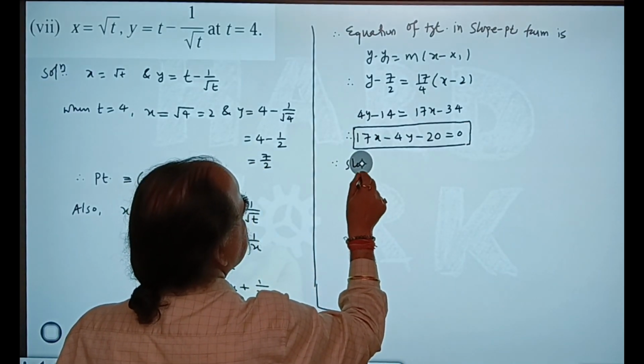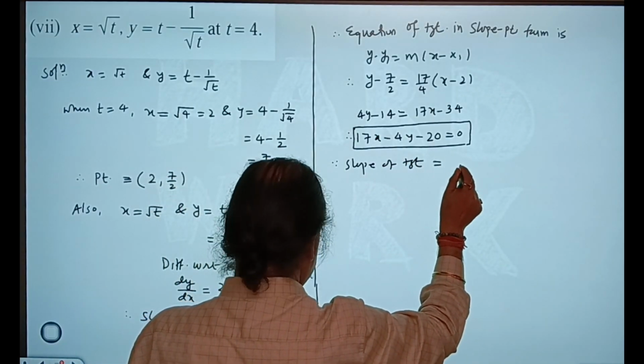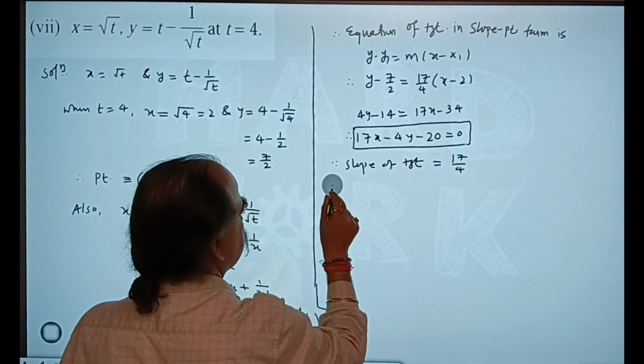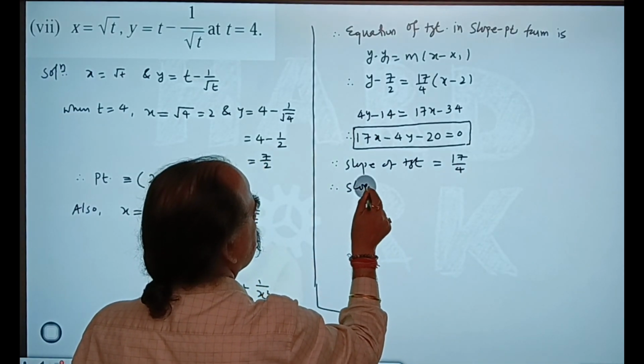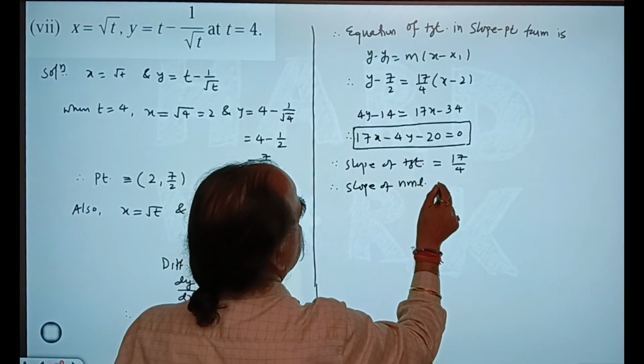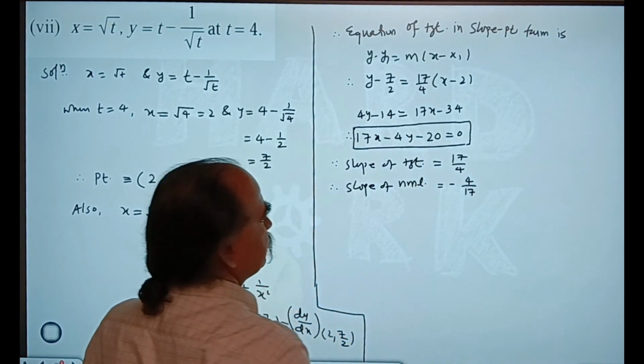Since slope of tangent is what? 17/4. Therefore, slope of normal will be what? -4/17.